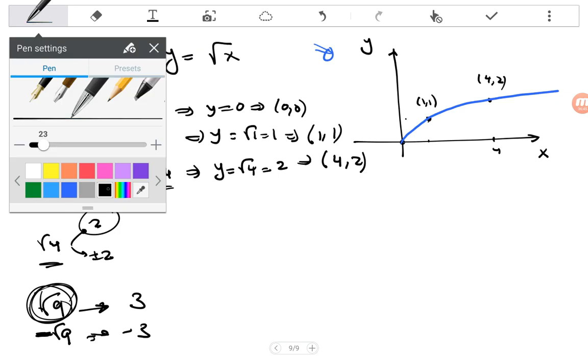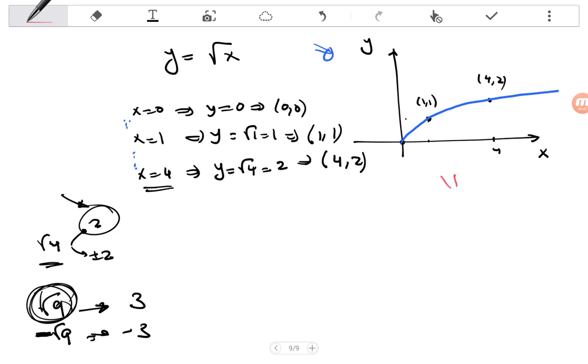Now let's determine what is the domain of that function from the graph. The domain is all the positive numbers. The domain of it is the set of all allowed values of x.